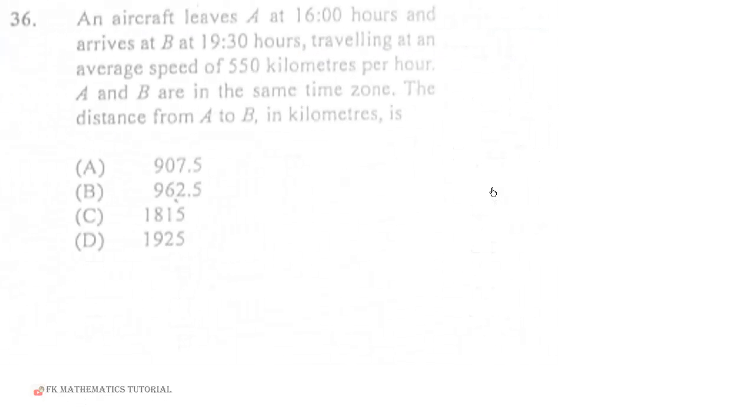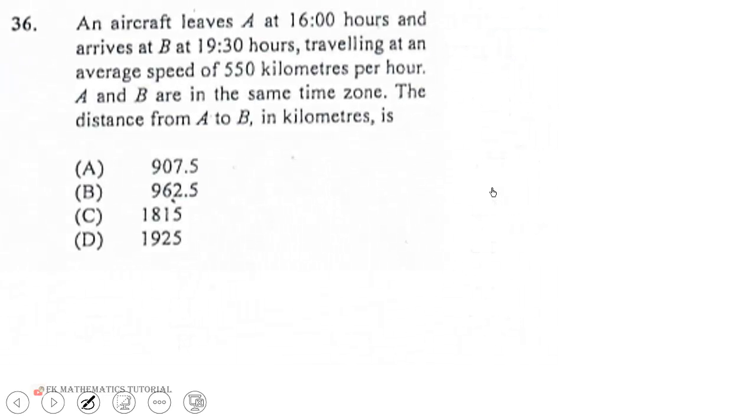Item 36. An aircraft leaves A at 16 hours and arrives at B at 19:30 hours, traveling at an average speed of 550 kilometers per hour. A and B are in the same time zone. The distance from A to B in kilometers is.